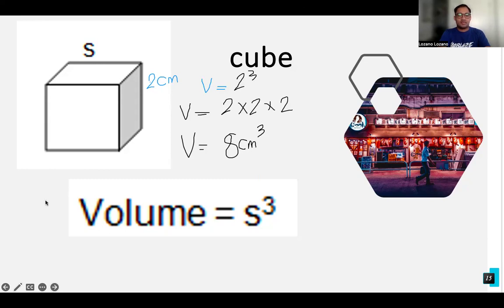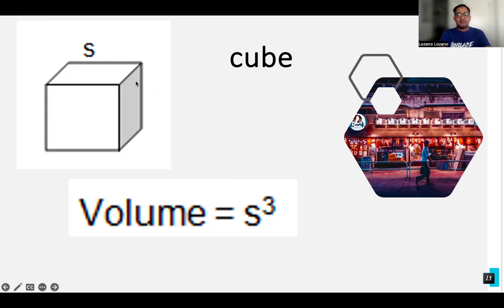Okay, another example. Let's say the measurement of our cube is 3 inches. Dahil nga cube, pare-pareho yung mga sukat niyan, volume equals the side, S cubed.